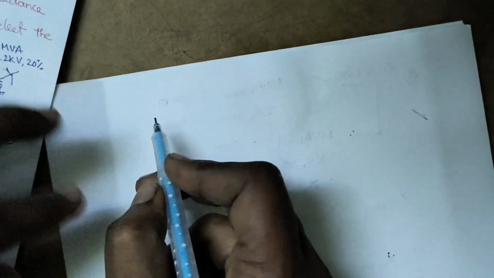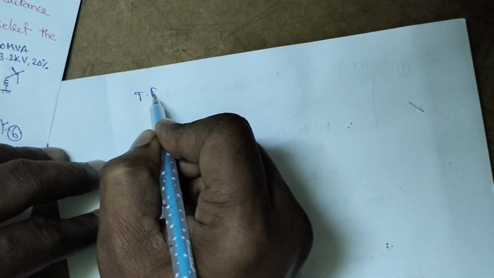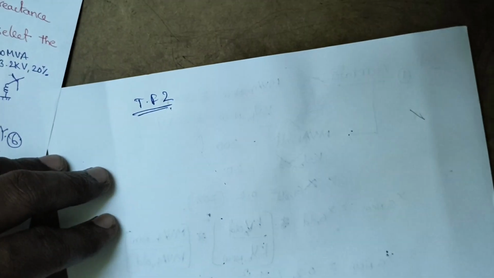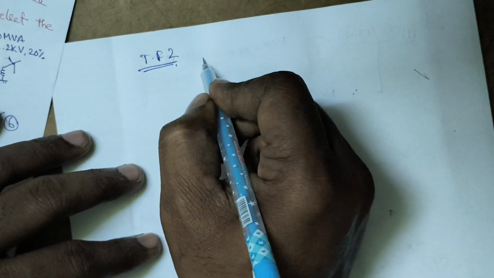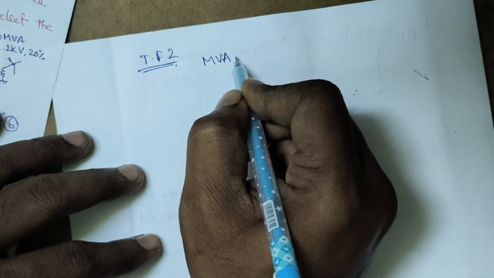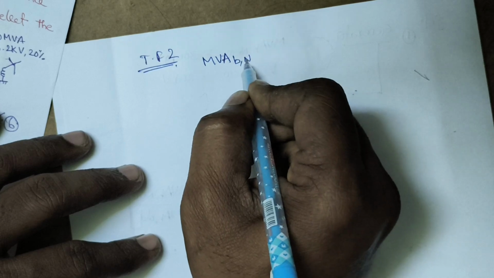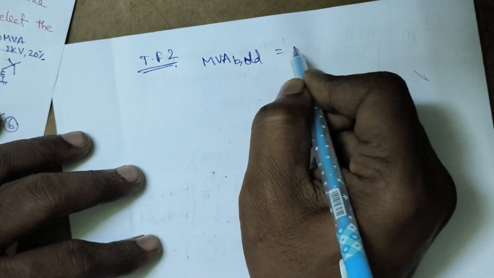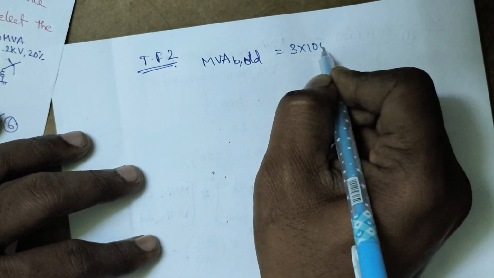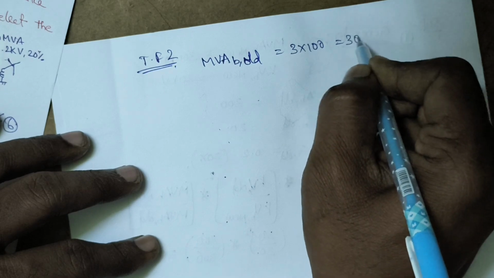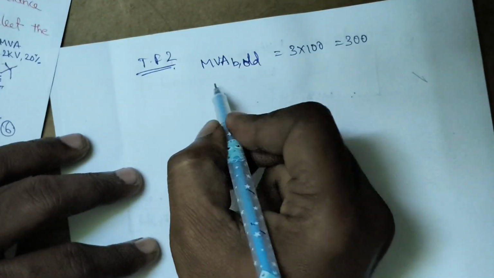Taking transformer 2, the MVA base new is equal to old, which is 3 into 100, therefore 300 only. Next, KV base.